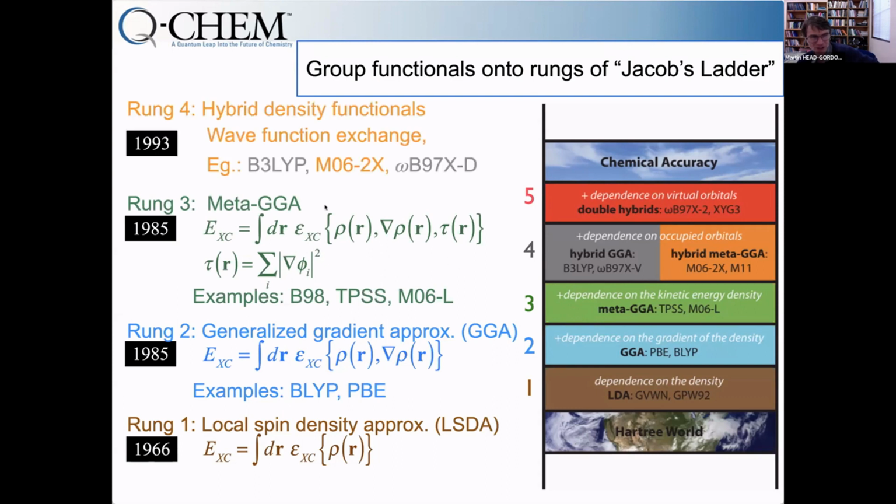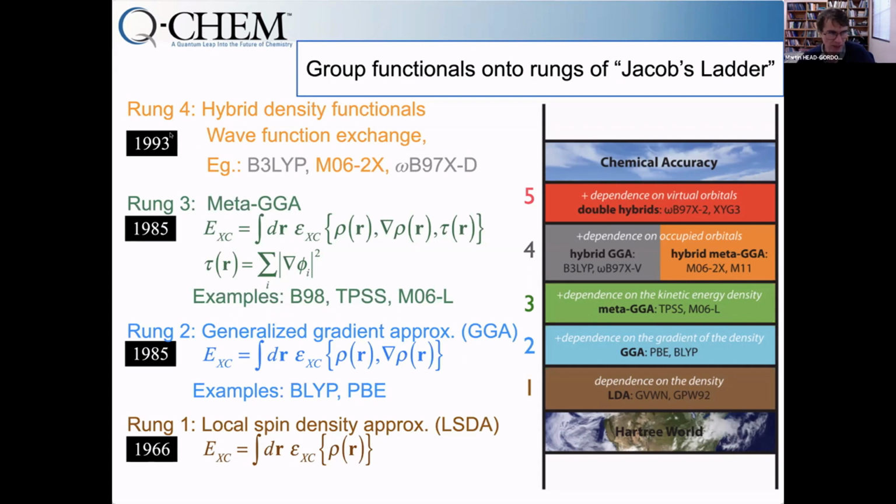So at rung 4, we mix in wave function exchange. It's sometimes called exact exchange, and the reason it's exact exchange is because we know the exact wave function for the non-interacting electrons that represent the system. That's the Kohn-Sham determinant. So we can evaluate the exchange energy with the orbitals of that determinant, and that would be exact exchange.